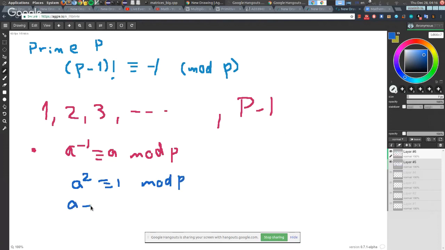And then a squared minus 1 is congruent to 0 mod p. So (a minus 1) times (a plus 1) is congruent to 0 mod p.